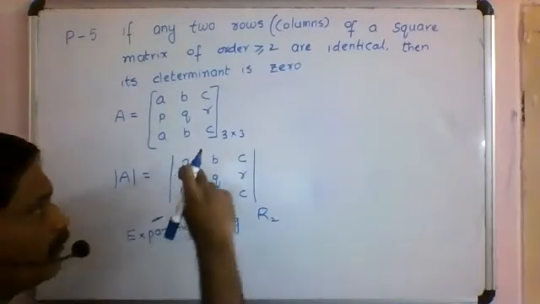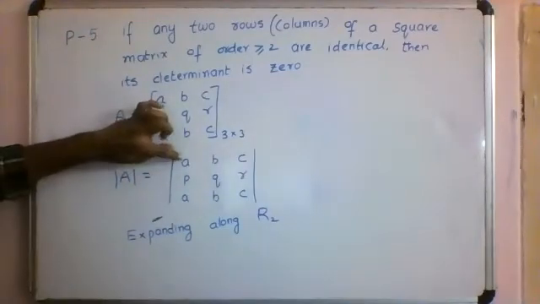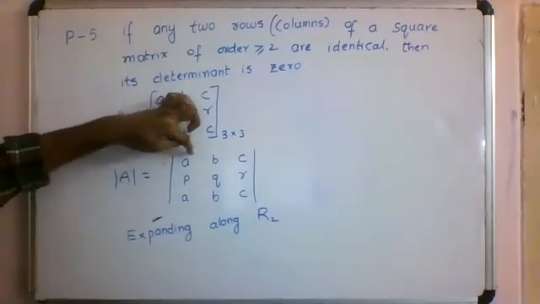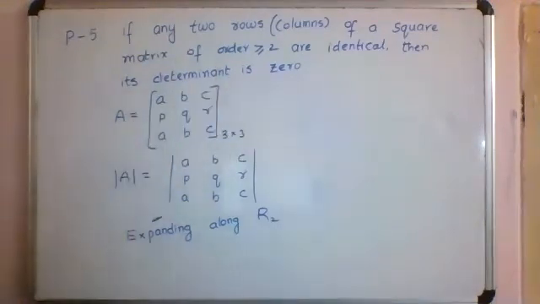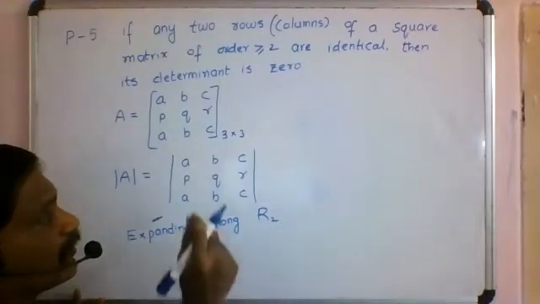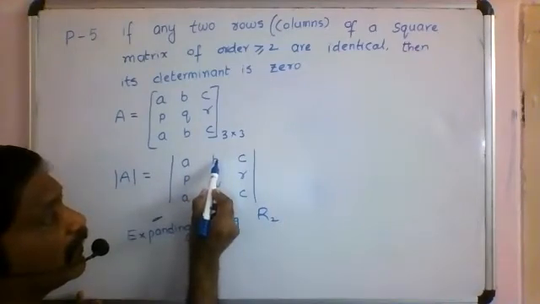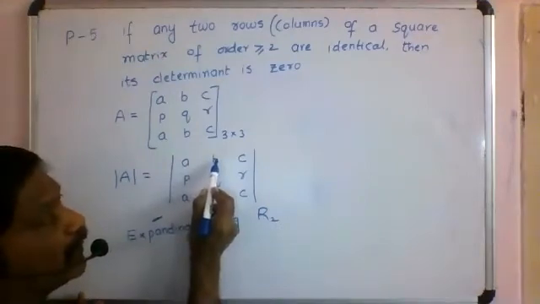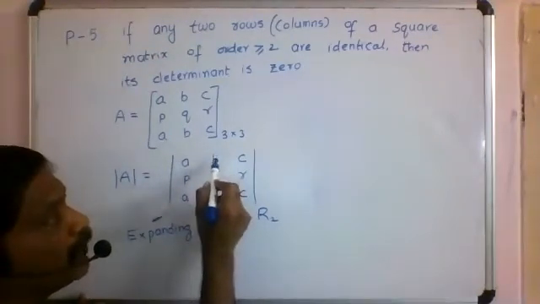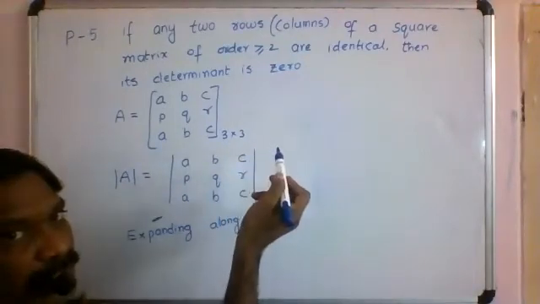Remember, while expanding the first row, I kept A into its minor, minus B into its minor, plus C into its minor. When I'm writing its minor, we have to multiply this with a negative sign for its corresponding cofactor, because minus 1 to the power of first row, second column, 1 plus 2, is an odd number, is it not?